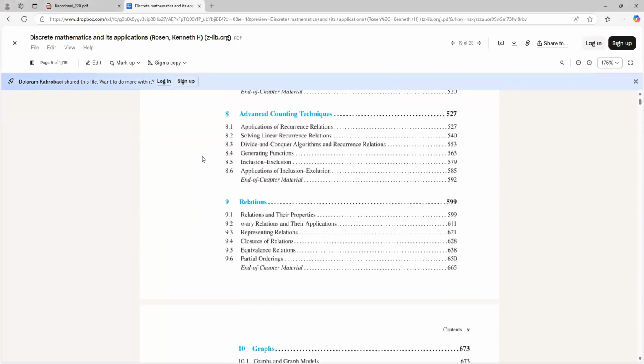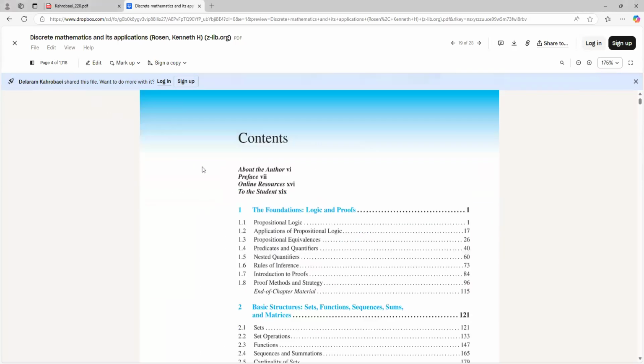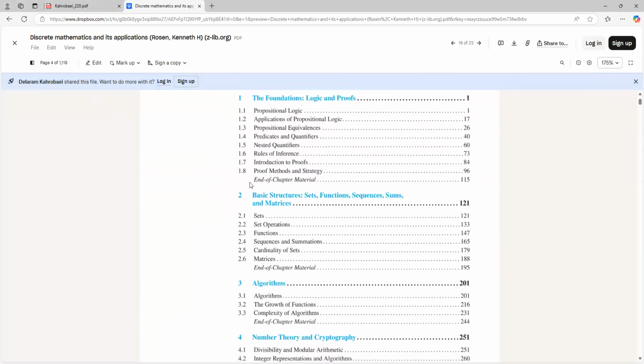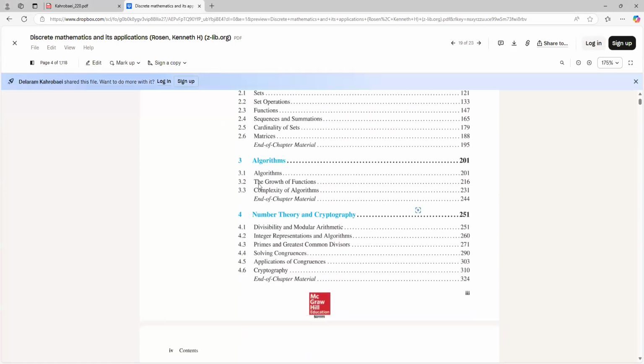Okay, so let's go to big O notation, algorithms, growth of functions 3.2. That's going to be page 216.